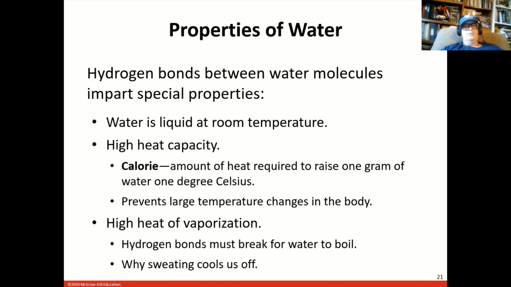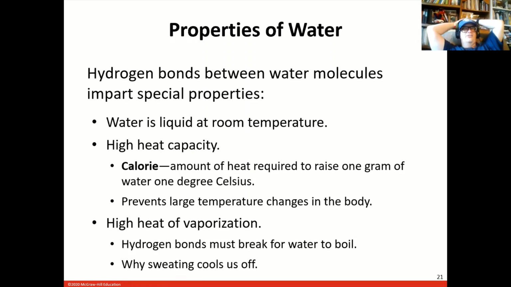So hydrogen bonds between water give them special properties. Water is liquid at room temperature, but it has a high heat capacity. That means it takes a lot of heat to change it. 1 calorie is the amount of heat needed to raise 1 cubic centimeter of water, 1 gram of water, 1 degree Celsius. And this prevents big temperature changes in the body. What am I talking about?